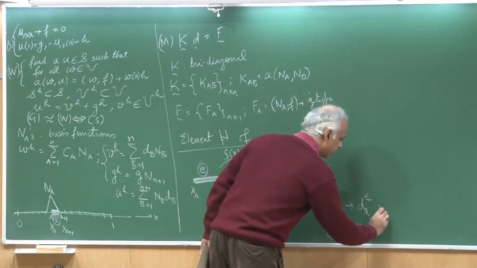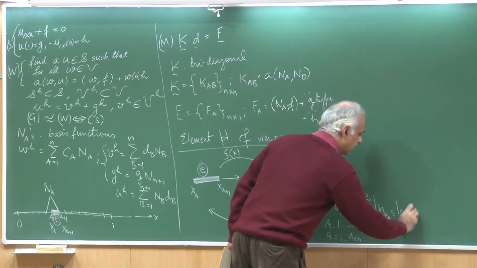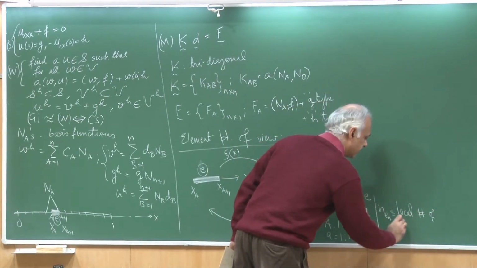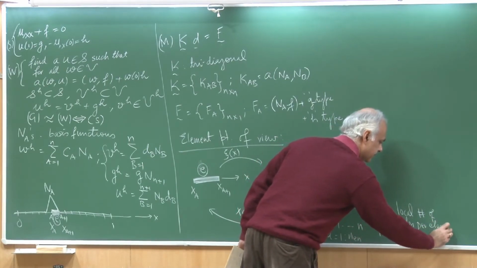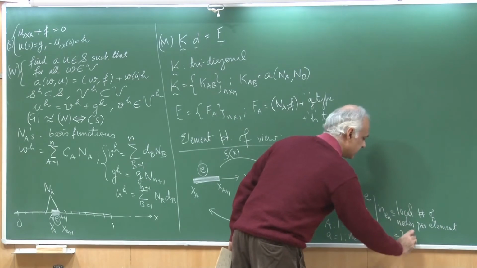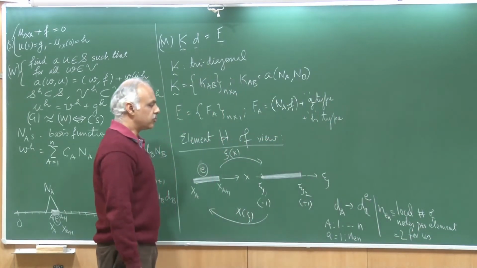So, NEN corresponds to local number of nodes per element, and in this case this is 2 for this very special case of 2 nodes per element.